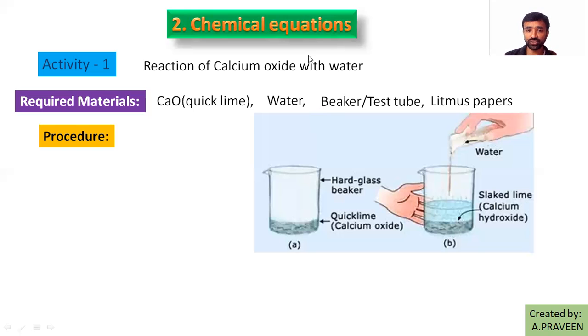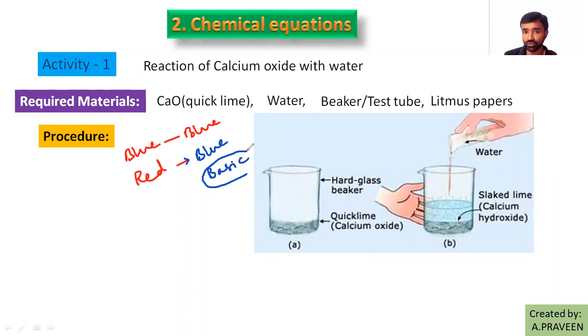Here what we notice is that blue litmus remains blue. Then dropping red litmus into it, that red litmus changes into blue in color. Red changes into blue. So this indicates that the nature has changed to basic.